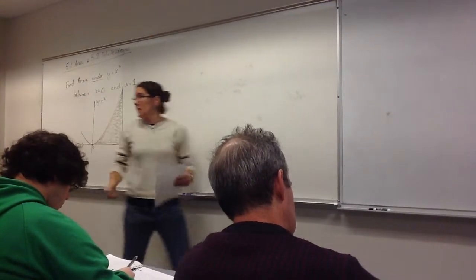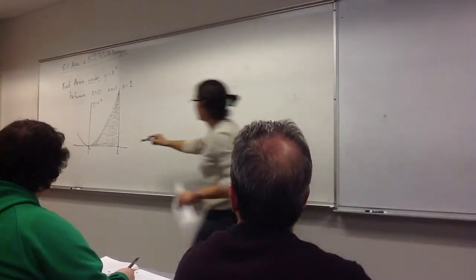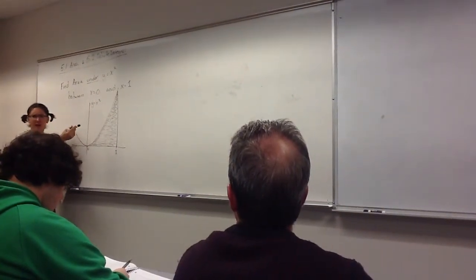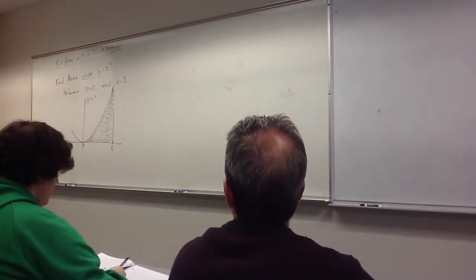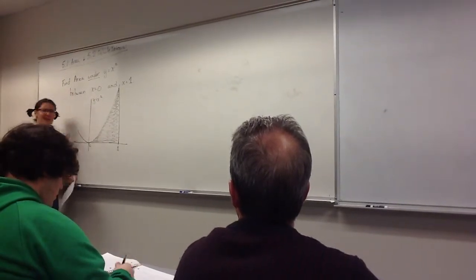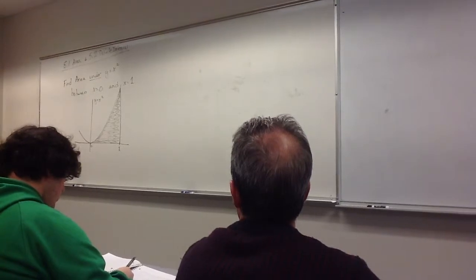Now, if what we had there was not a parabola, if what we had was a diagonal line, straight up along here, we have a shape that was a triangle, and I know the area of a triangle, that's 1/2 the base times the height. Or if this was shaped like part of a circle, I know the formula for the area of a circle, and so I could use that to figure out the area of this shape.